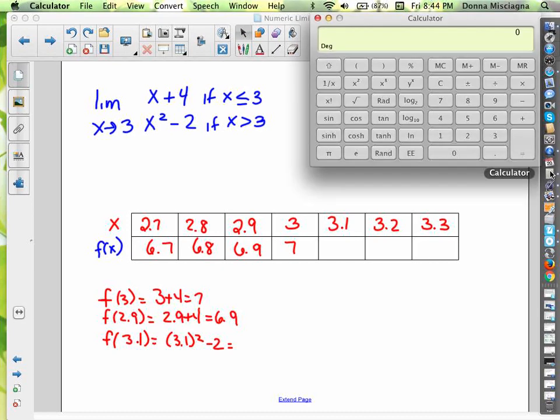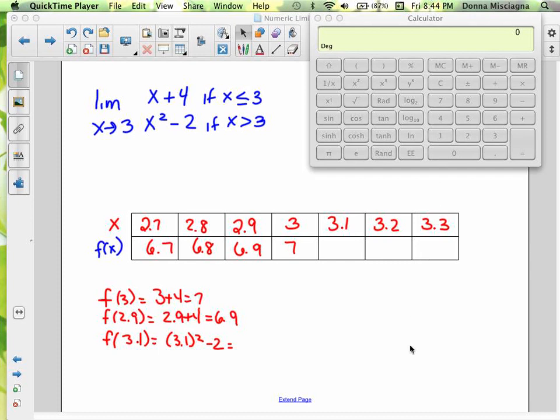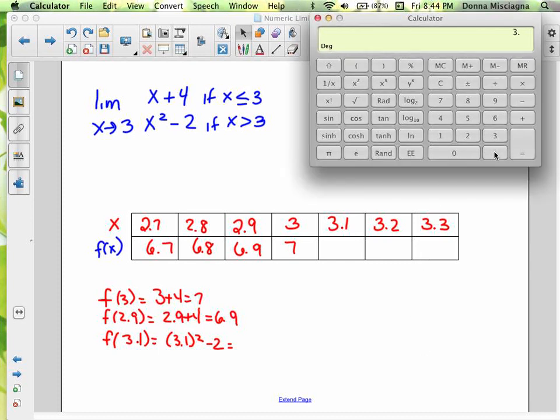So if we take 3.1 and square it, and then subtract 2, we have 7.61.